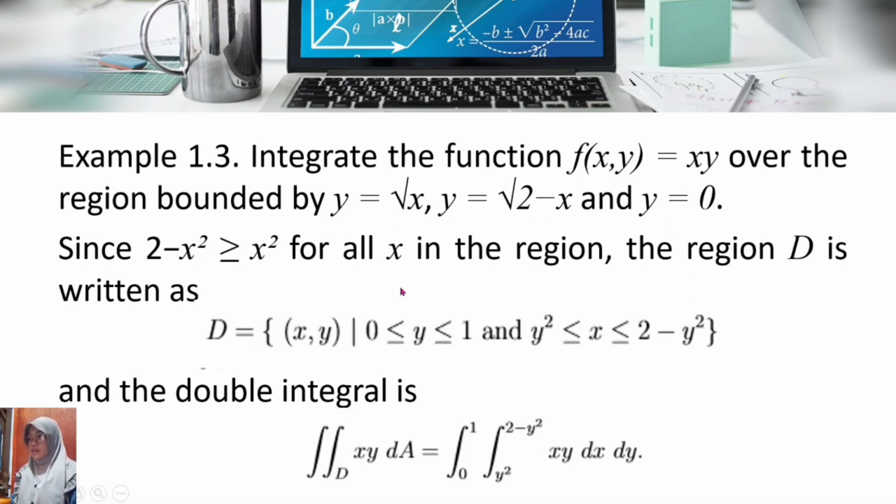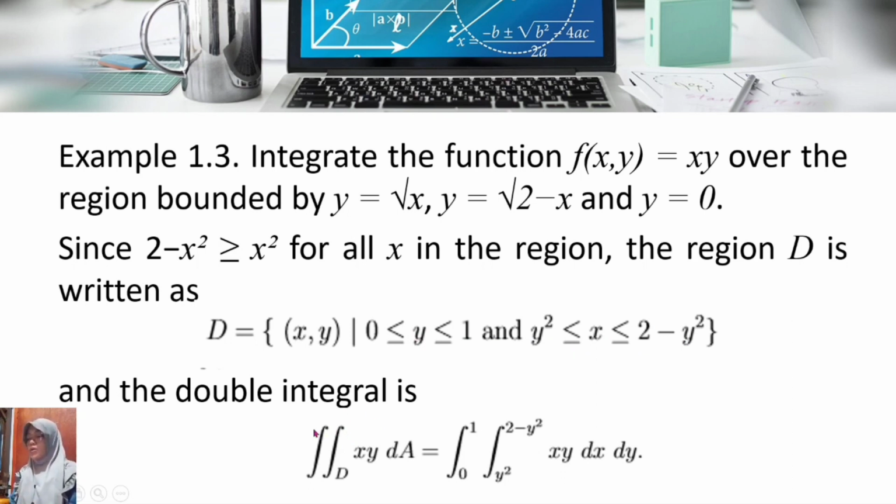Since 2 minus y squared is greater than or equal to y squared for all y in the region D, the region D is written as the set of x and y such that y is greater than or equal to 0 but less than or equal to 1, and x is greater than or equal to y squared but less than or equal to 2 minus y squared.